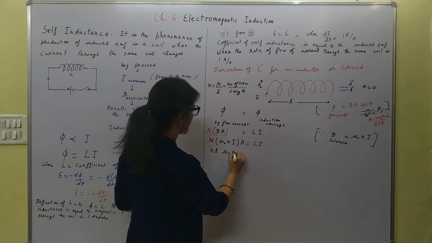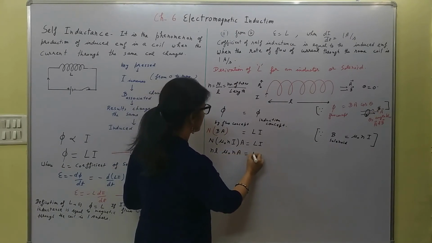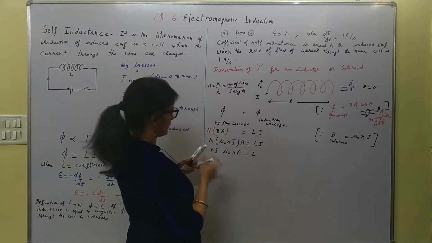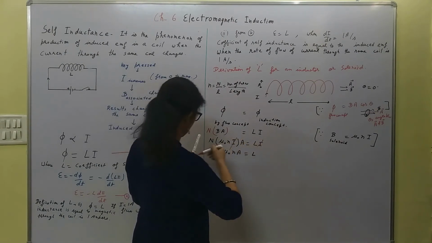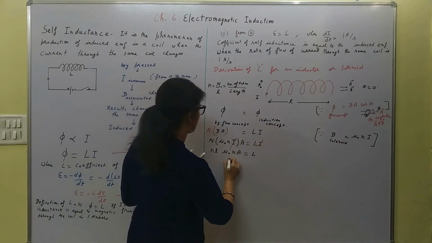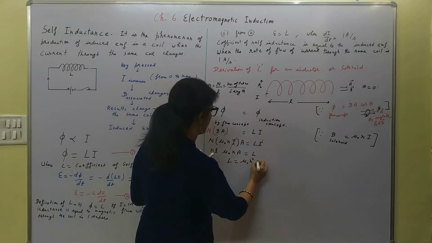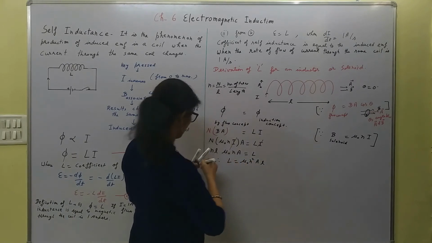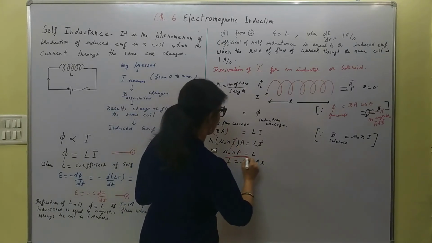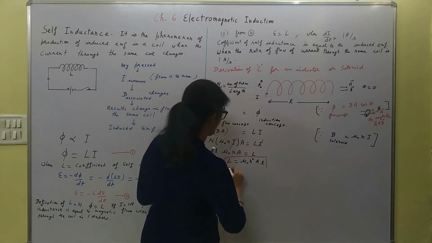So mu naught n into A is equal to L. Why so? Because this I is cancelled. So this becomes mu naught n square A l. So this is the formula for the coefficient of self-inductance.